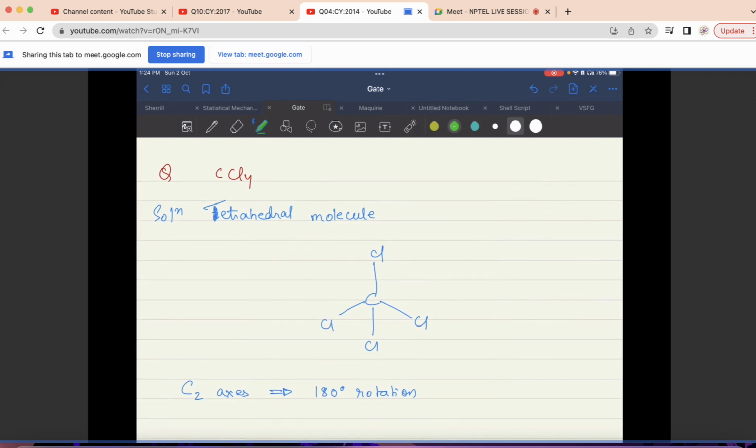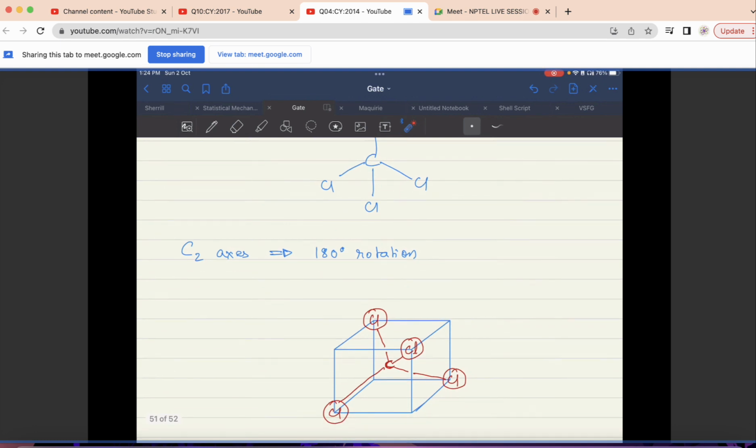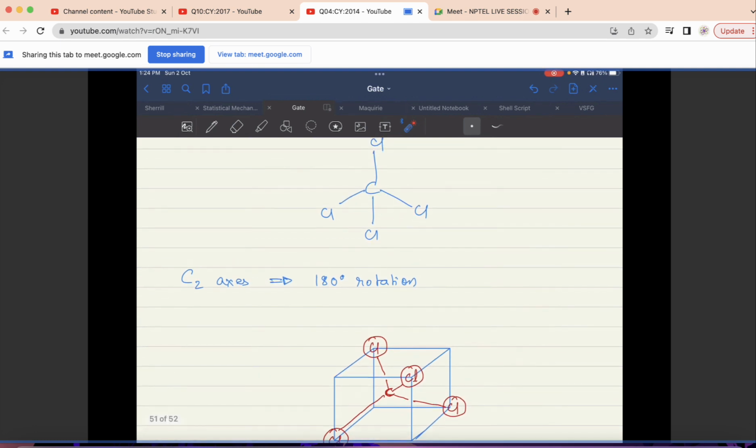Now let's move to our question. We were given CCl4. This is a tetrahedral molecule, with Cl, Cl, Cl, there are 4 Cl bonds. The question asked for the number of C2 axes in CCl4.